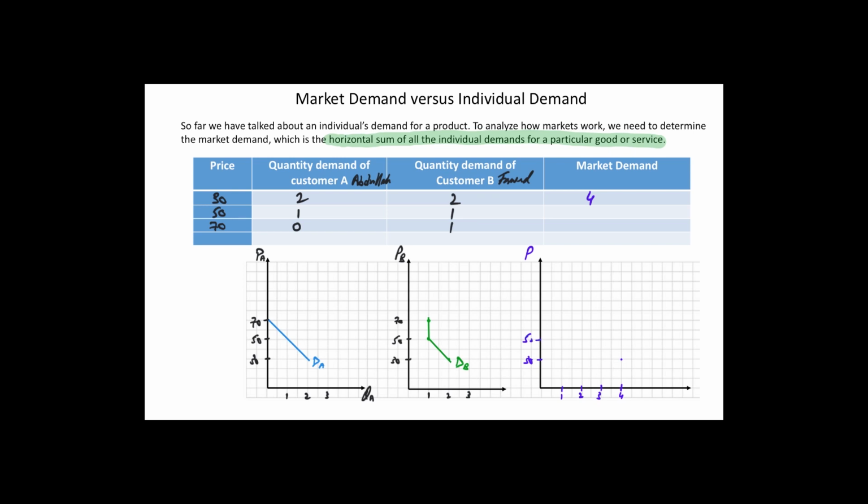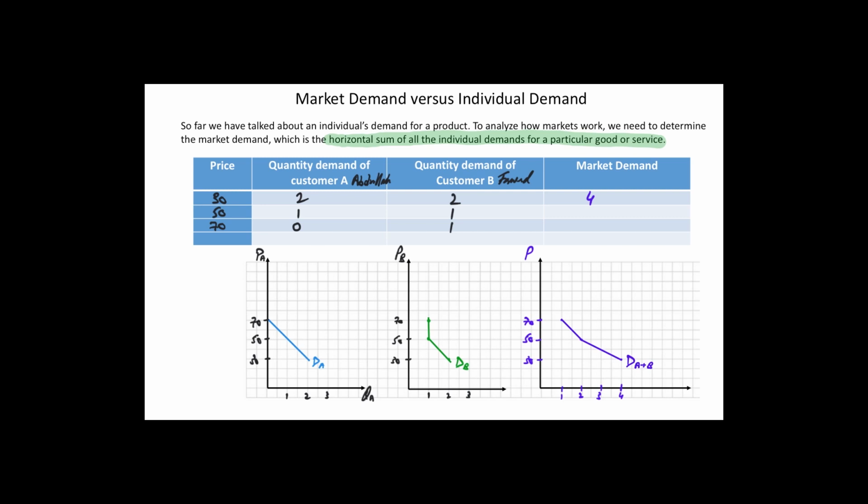At the price of 50, we can sell 2. And at the price of 70, we can sell 1. So based on this, they have come up with a market demand curve, in which basically we have A plus B, assuming that there are only 2 people in the market.